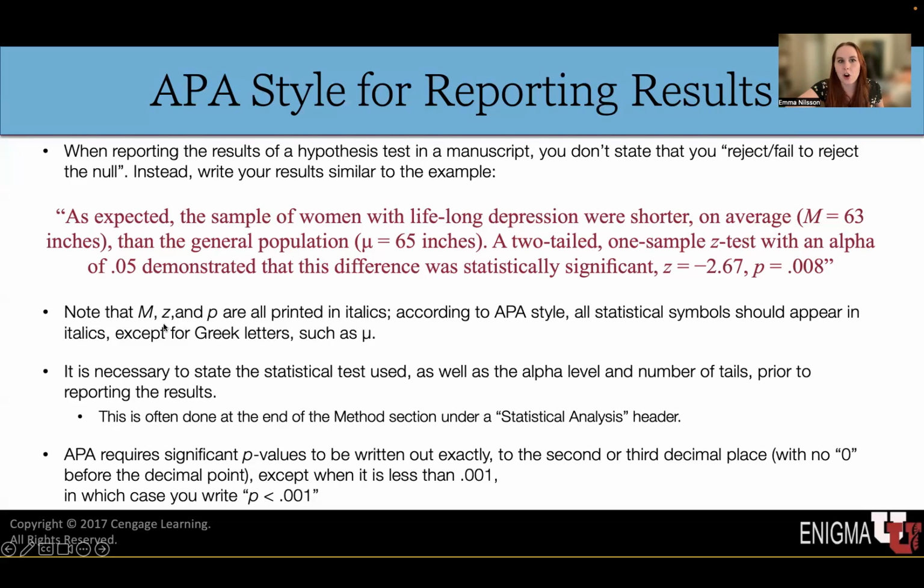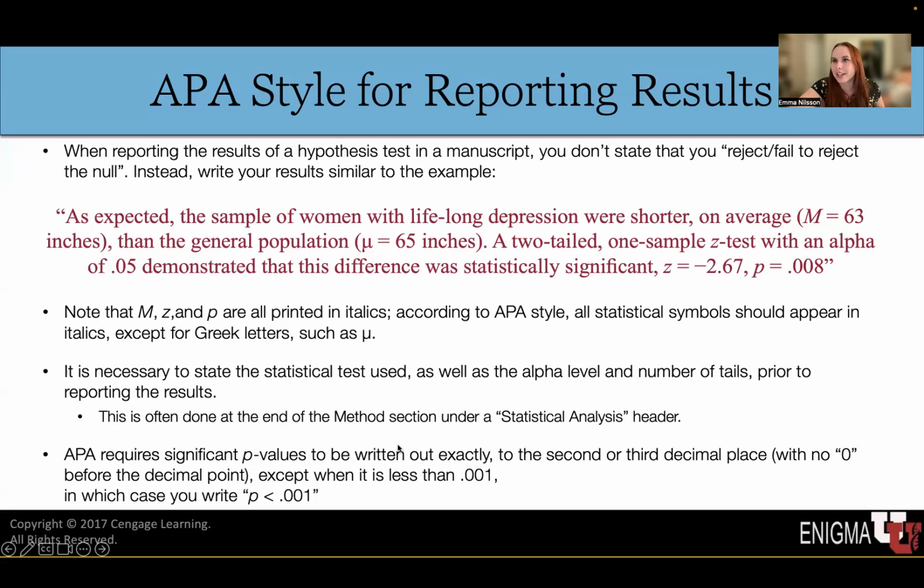Note that all your M, Z, and p, your sample statistics, are all printed in italics. The Greek letters for your population are the only things that should not be in italics. It's necessary to state which statistical test you used, the alpha level, the number of tails, all of that prior to reporting your results. You usually do this in your methods section.